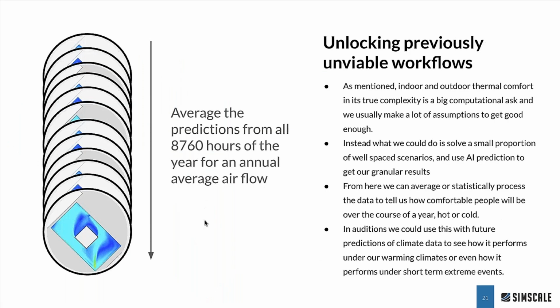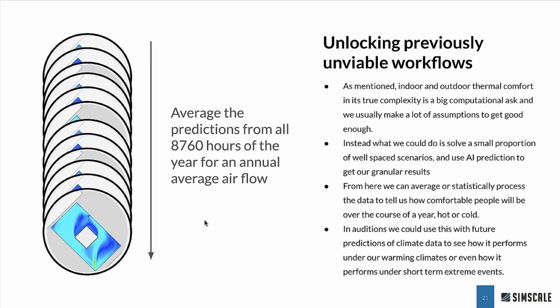And the final workflow that I imagined those months ago was to do this at such a scale that we would then be able to generate an average yearly prediction of what is going to happen inside of the building. So we're going to be talking in a minute about things that have been recently enabled and things that are coming to the SimScale platform to do with AI.